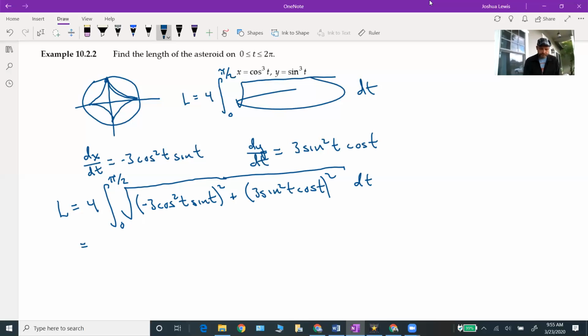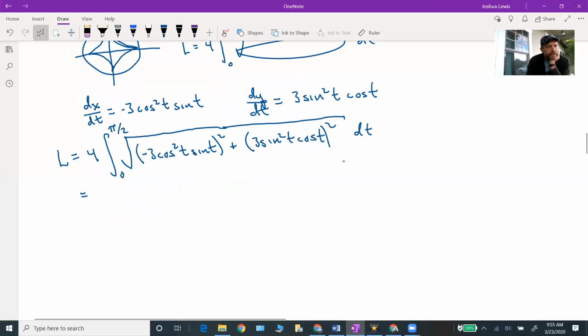And let's just kind of see where this takes us. So I've got a 4. Give myself some room here. All right, so 4 times the integral from 0 to pi halves. And then what do we get?